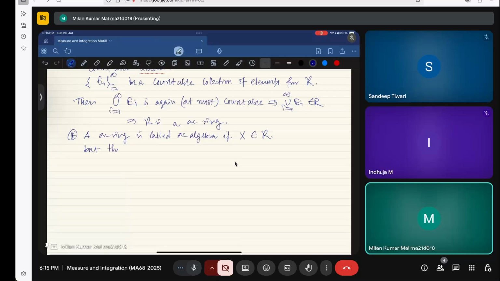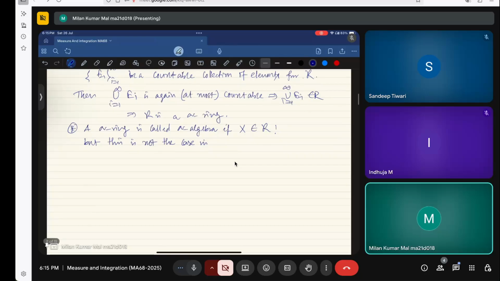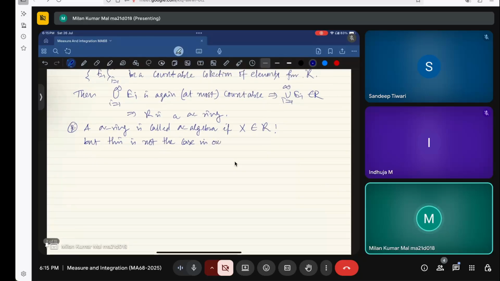X is uncountable, so X is not there, because R is the collection of all those sets whose elements are at most countable. So that's why X is not in R.